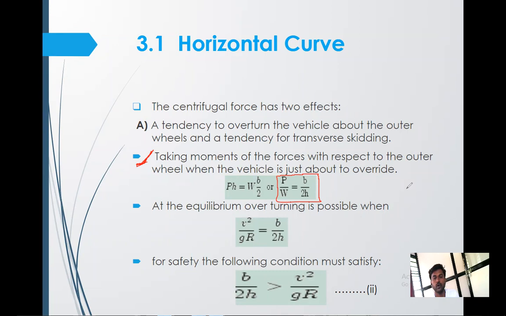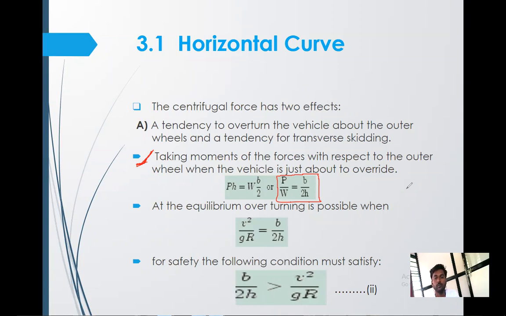P by W is equal to B by 2H. What is B? It is the wheel base, the distance between two wheels. What is H? It is the distance of the CG from the road surface. It is small h.